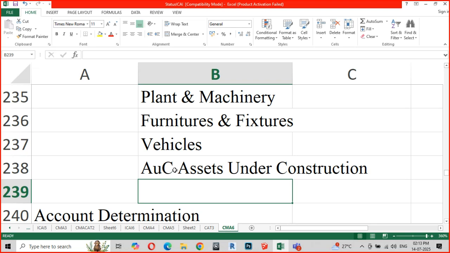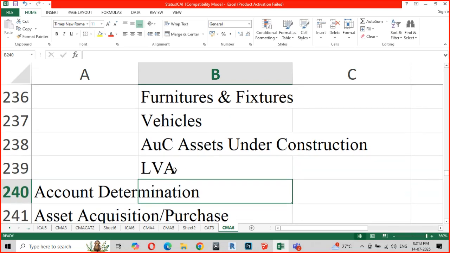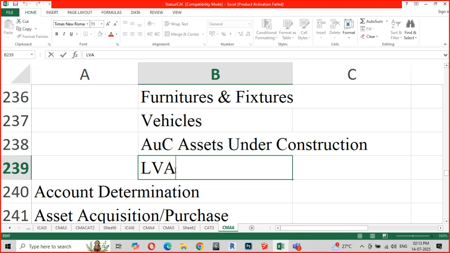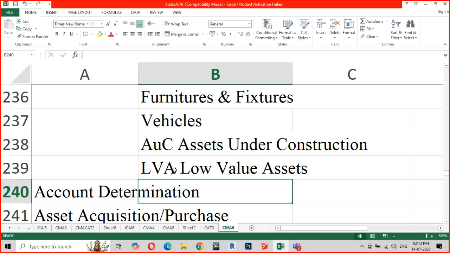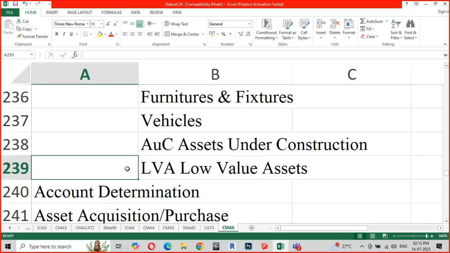Also, a concept called LVA, meaning low value assets. Now, what is AUC? What is LVA?